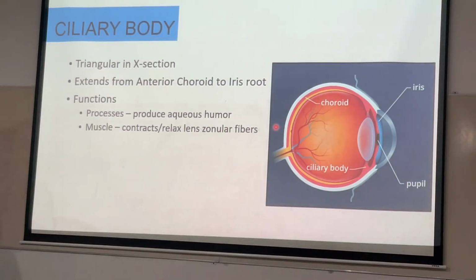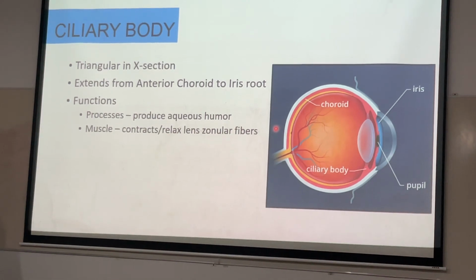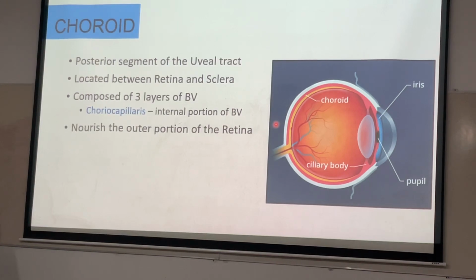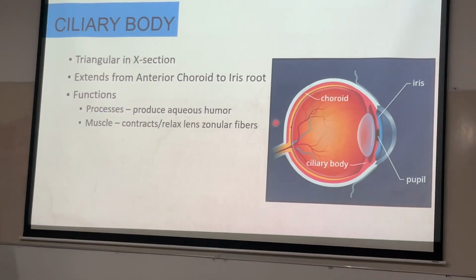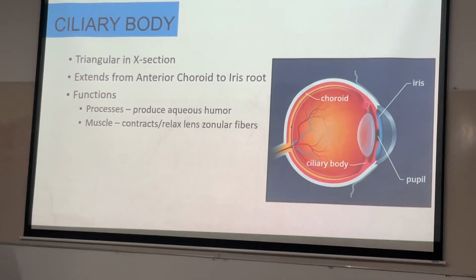So the next part of your uveal tract is your ciliary body. In this image here, the ciliary body is this triangular cross section noted here.